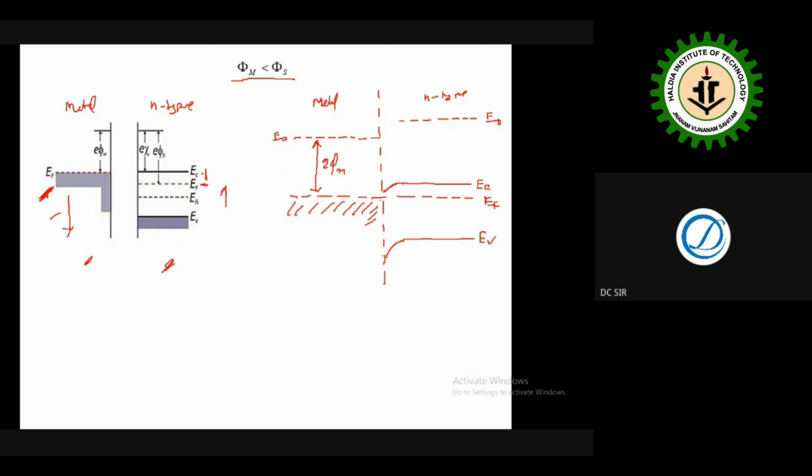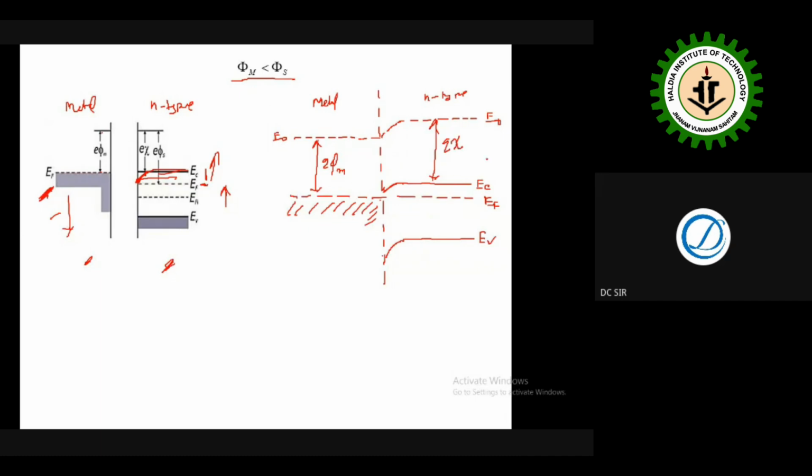So the conduction band is bent at the junction. Initially it was here, now it is upwards. That means it is fixed here, and there is a bend, and it goes to the neutral region. So it is bent here.